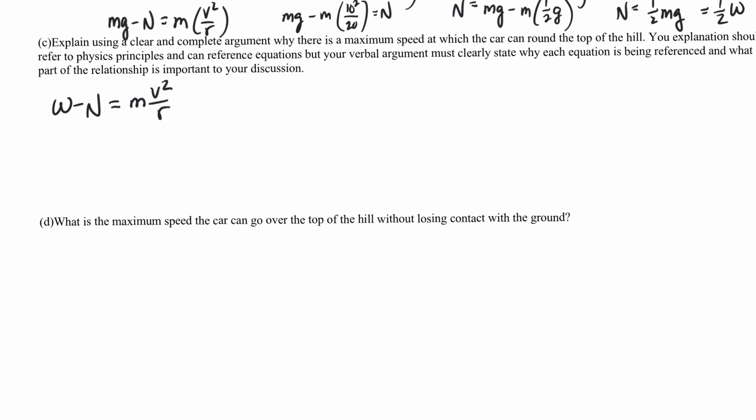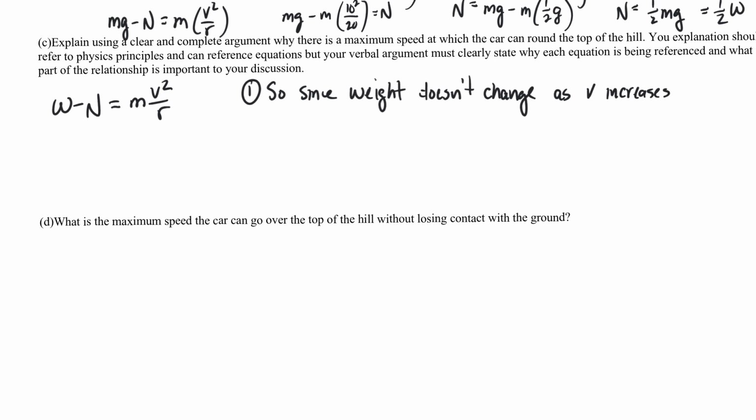Now, the first thing I'm going to try and indicate here is that looking at this relationship, weight doesn't change as we go over the hill. So, since weight doesn't change, as v increases, n must decrease.